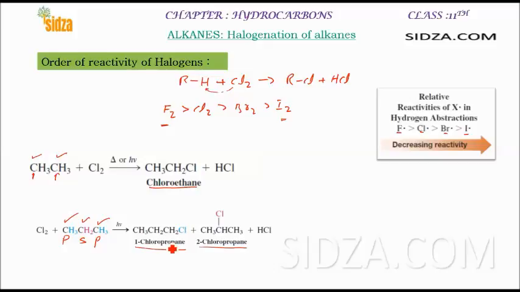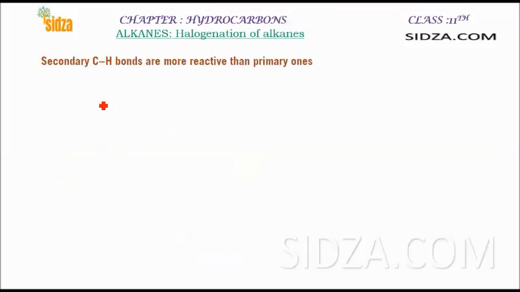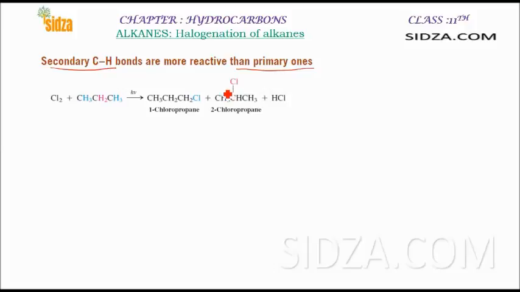But before that, let's have a little idea about the reactivity of the primary, secondary and tertiary hydrogen atoms. A secondary hydrogen atom is always more reactive than a primary one. It's like this. In propane, we got the secondary carbon, so it has a secondary hydrogen atom attached there. You got a primary one here, here also a primary one. The secondary hydrogen is more reactive than the primary hydrogen.